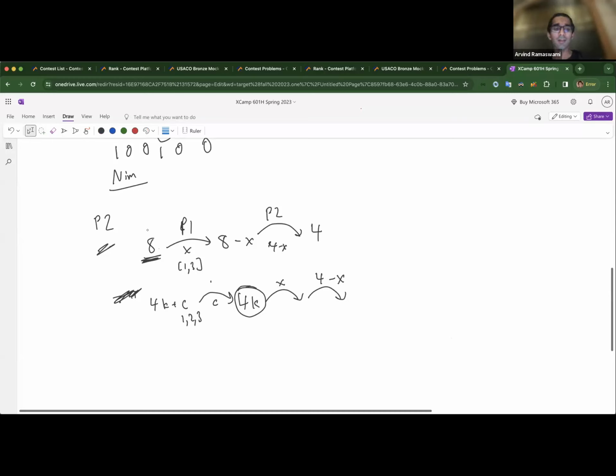So the idea is that if the initial number of hay bales is divisible by 4, then player 2 can win, because player 2 can control the number of hay bales mod 4. And if it's not a multiple of 4, then player 1 can make it a multiple of 4, and no matter what player 2 does, player 1 can always make it a multiple of 4.